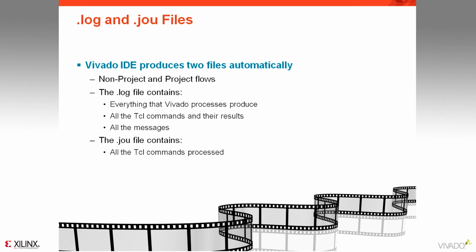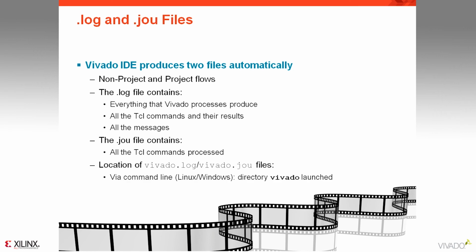This is a good place to start with the creation of batch flow scripts. The location of these files is in one of two places. On Linux and on Windows, when run from the command line, they are in the directory that Vivado was launched from. On Windows, when launching from the icon, they're in the user, AppData, Roaming, Xilinx, Vivado directory.